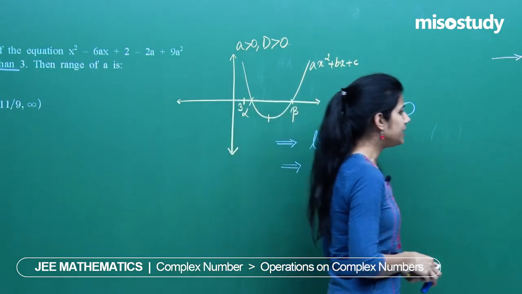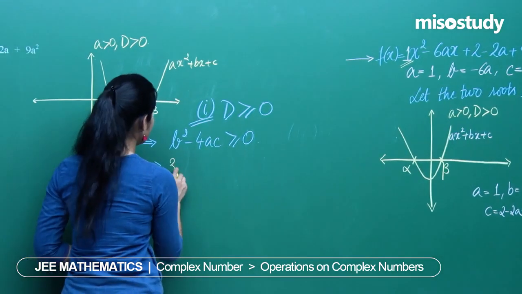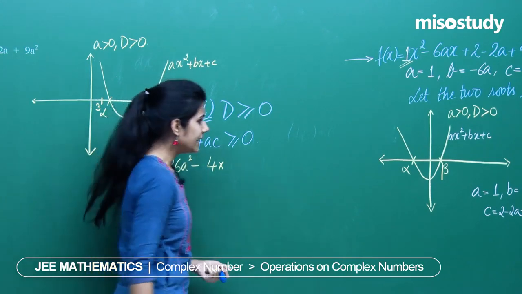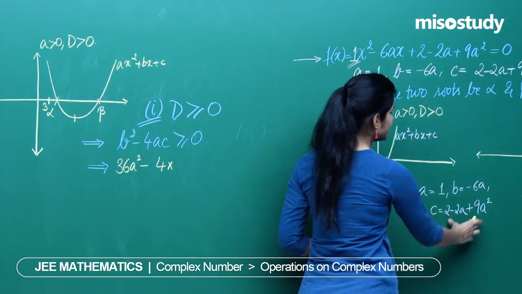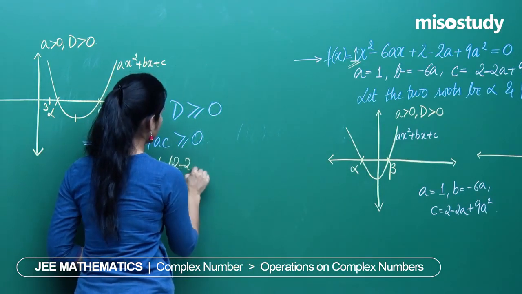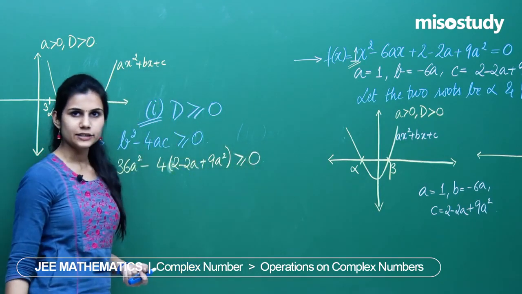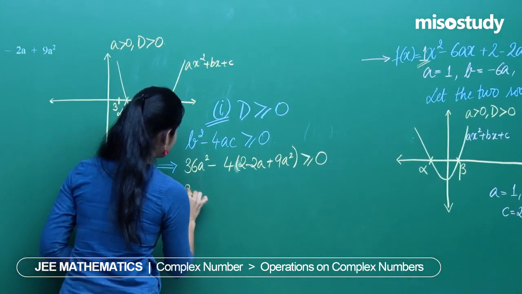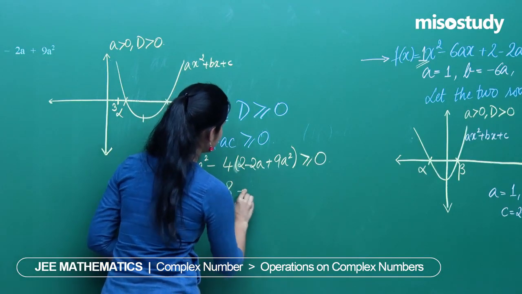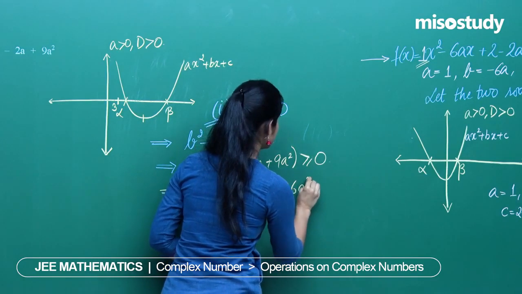That's the formula of discriminant. Now b square, what is b? b is minus 6a, minus 6a whole square, that means 36a square, minus 4 into a into c. a is 1 and c is 2 minus 2a plus 9a square. This has to be non-negative, which implies 36a square minus 8 plus 8a minus 36a square.